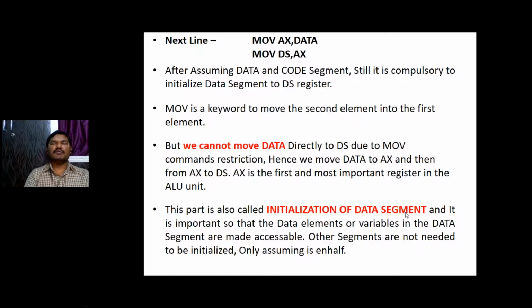MOV AX, data and MOV DS, AX is nothing but initialization of the data segment. It is important so that the data elements or variables in the data segment are made accessible. Whatever elements we write in the data segment are accessible if you write these two statements in the program.